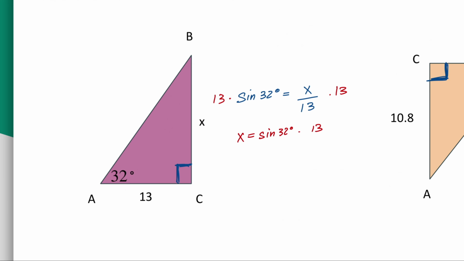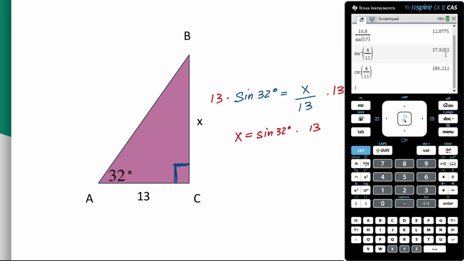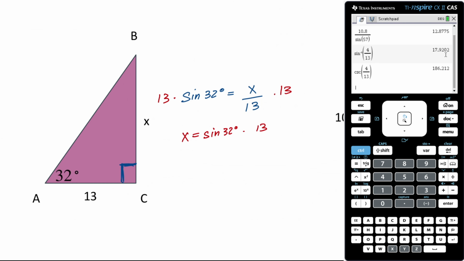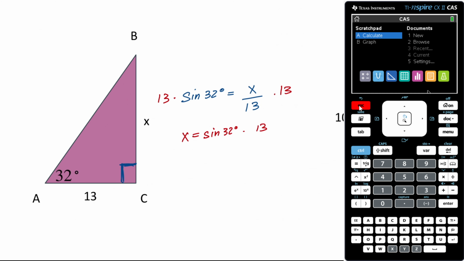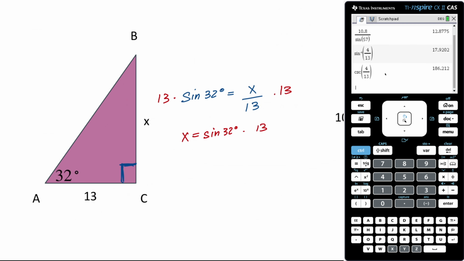Now to do this, we're going to need our calculator. So let me bring that up, okay? And sorry, I have a bunch of stuff already in there. There we go. Okay. So if you look right here, you can see this little trig button. That's for this calculator where we get these options, okay? But if you're using a scientific calculator, you should see the actual buttons there, okay?